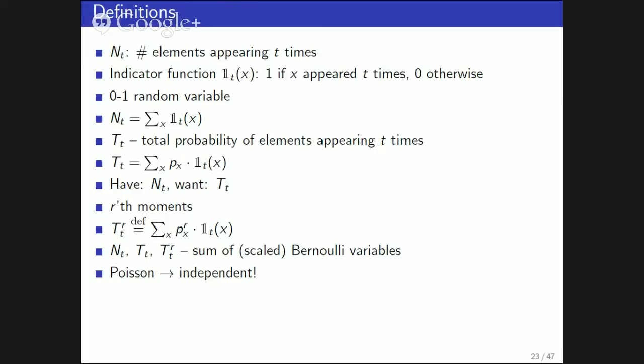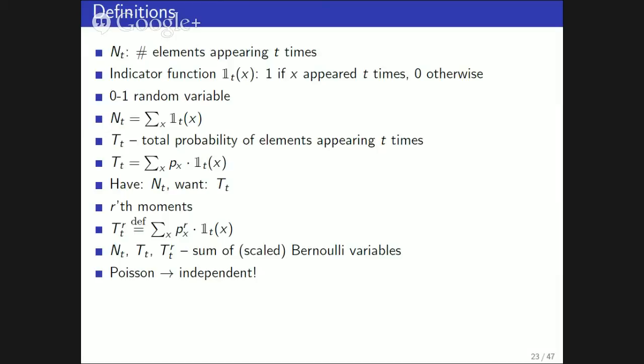So it's a sum of scaled Bernoulli random variables, independent across x. When you look at the different x, they're independent. The fact that heads appeared 5 times does not change the probability that tails will appear 7 times.